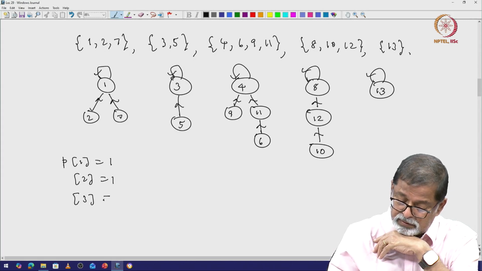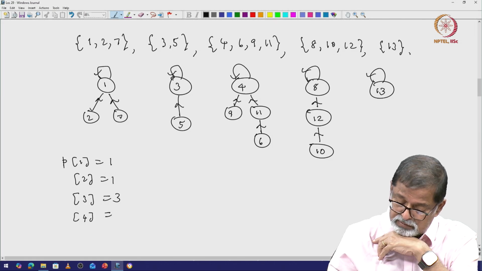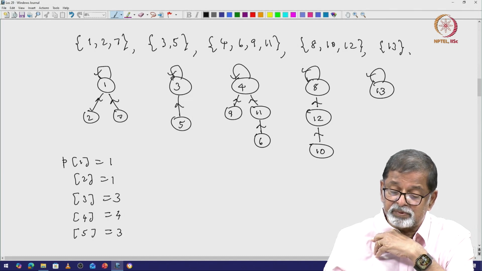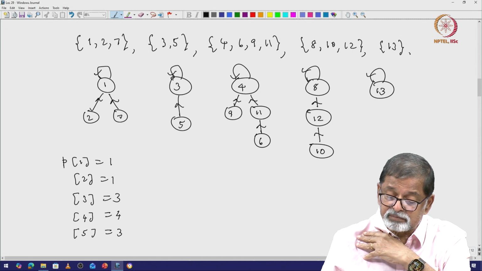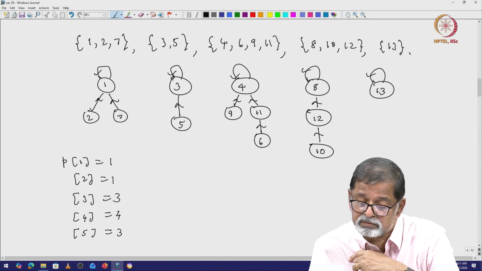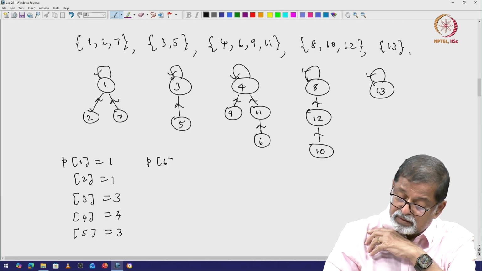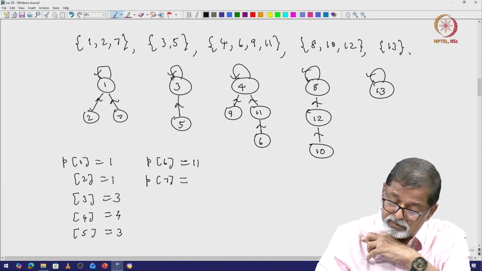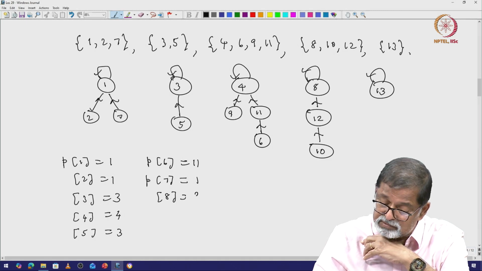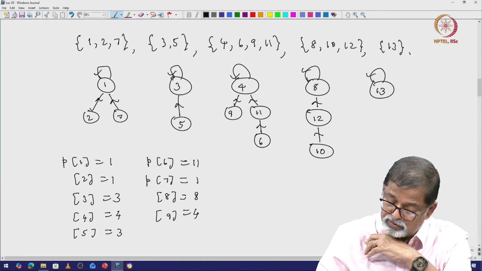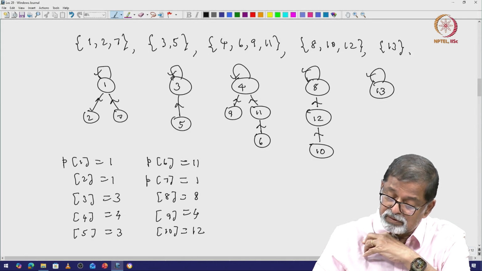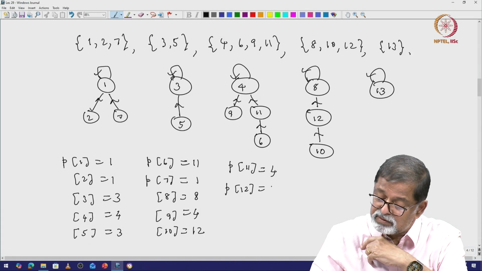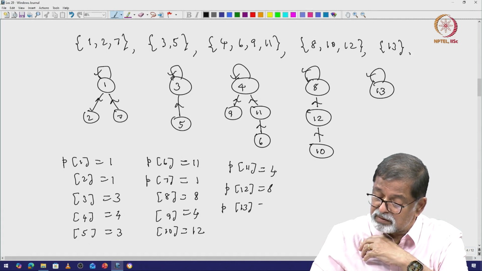Parent of 3 is 3, parent of 4 is 4, and parent of 5 is 3, parent of 6 is 11, and parent of 7 is 1, parent of 8 is 8, parent of 9 is 4, parent of 10 is 12, parent of 11 is 4, parent of 12 is 8, parent of 13 is 13.